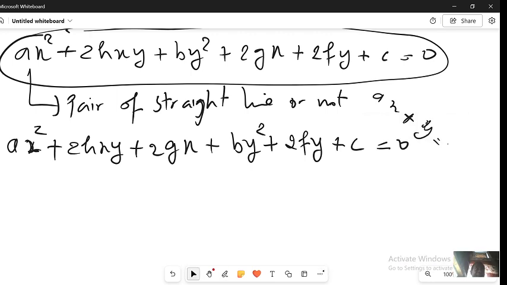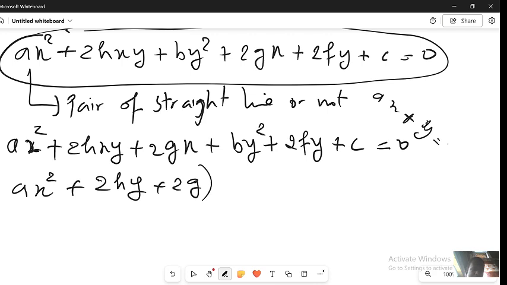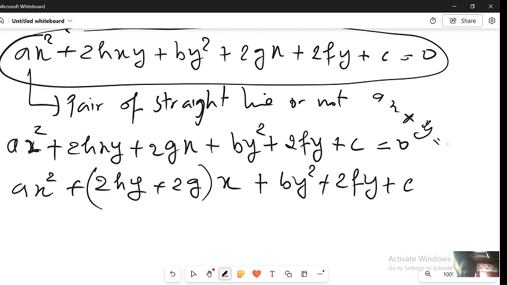Now if I take x common, I will have ax square plus (2hy plus 2g)x plus by square plus 2fy plus c equals 0. Now I have this equation, and by square plus 2fy plus c is going to be a constant.